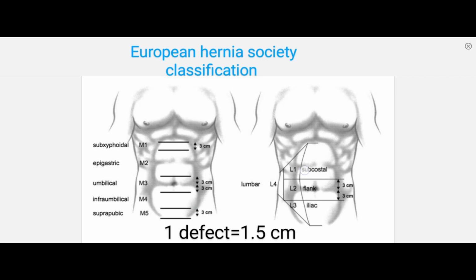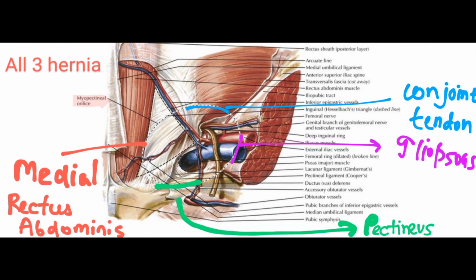L1 is subcostal, L2 is flank, L3 is iliac, and L4 is lumbar, and one defect is equivalent to 1.5 centimeter.